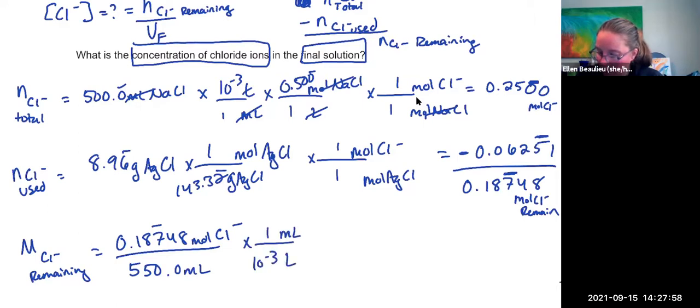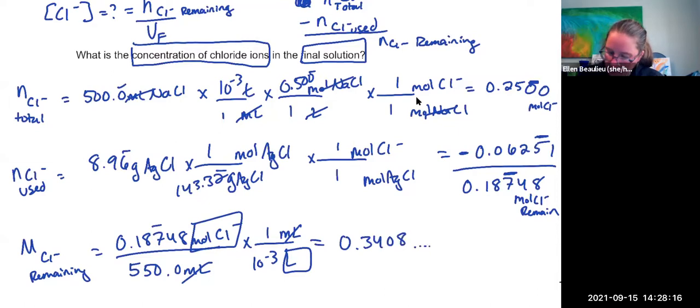So I'm going to put one more conversion factor on there, to get moles of chloride per liter of solution. Okay, so I'm going to take that number, divide by 550 times 10 to the minus 3. And I get 0.3408 something. 3 sig figs, 4 sig figs. I can have 3 sig figs. 0.341 molar chloride ions.